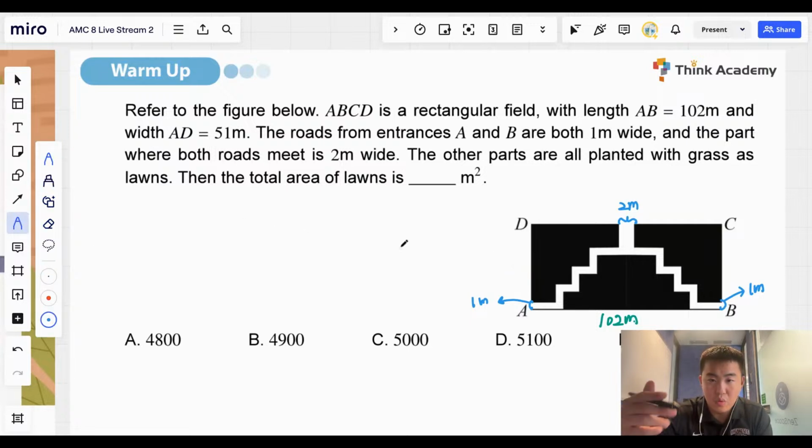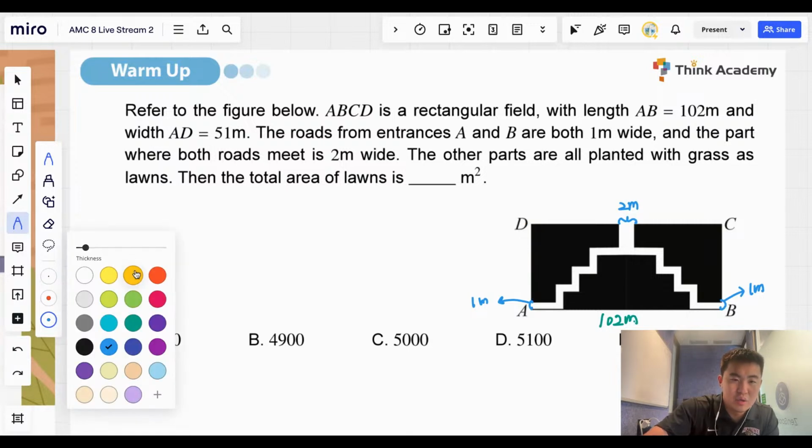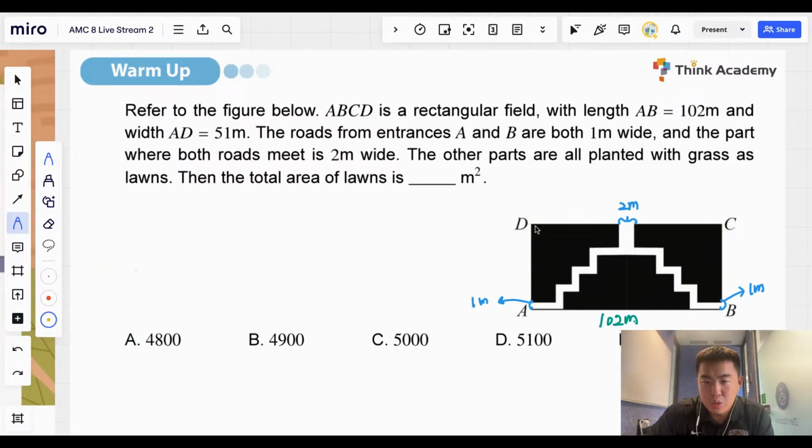From D to the entrance of the gap, this will be 50 meters. So the entire AD adds up to 51, which is the condition given to us, right? Same thing here. From C to the entrance, this should be 50 meters.